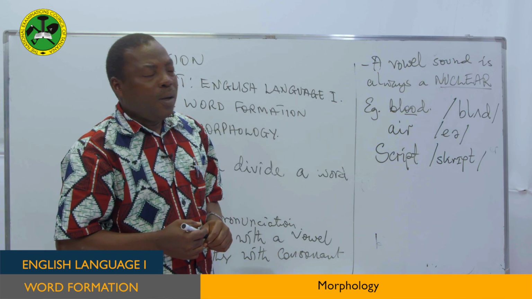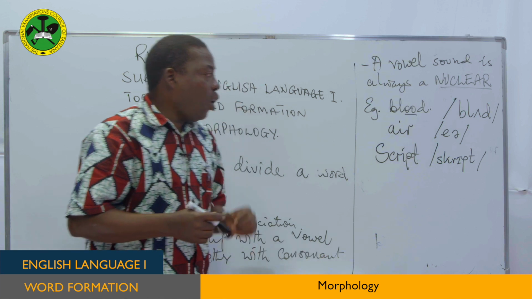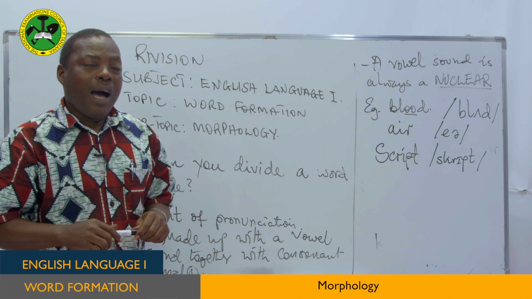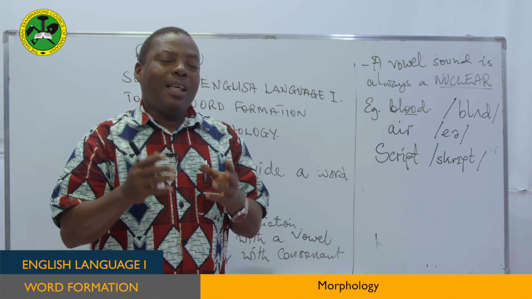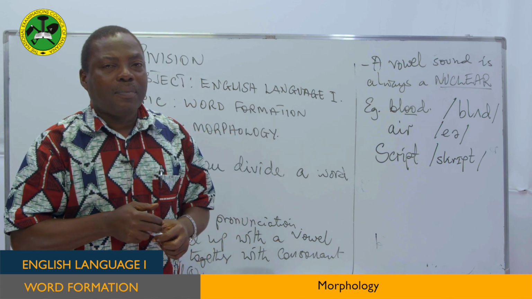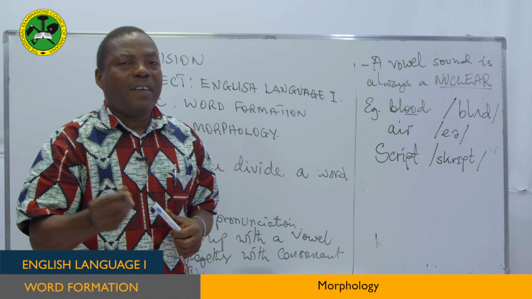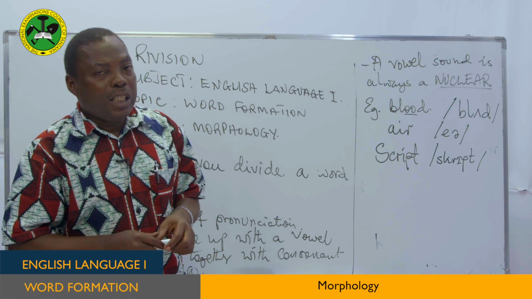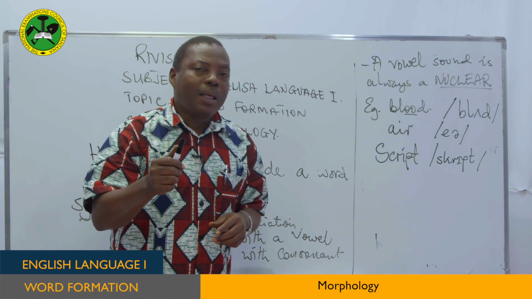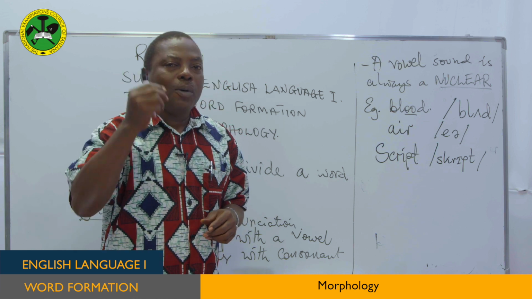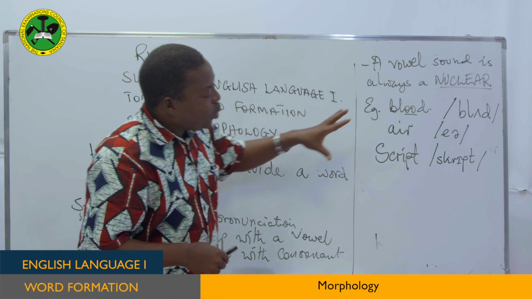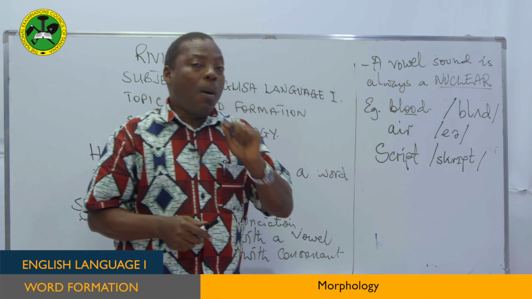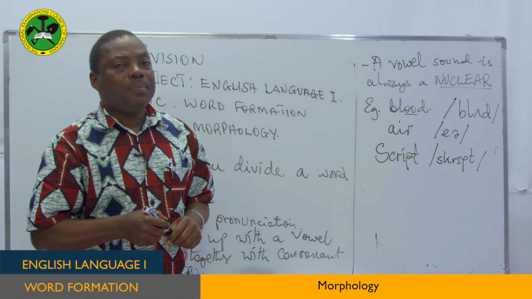So with these few examples, I wanted us to know that no matter how many consonant phonemes you have in a word, those cannot qualify a syllable. It is only a vowel phoneme that makes a syllable in a word. So all these words are referred to as monosyllabic words.